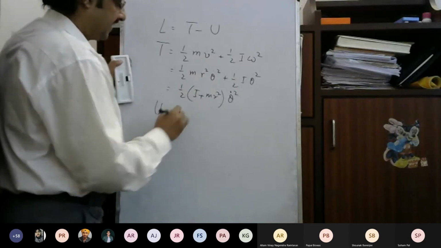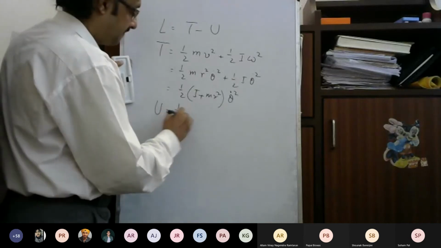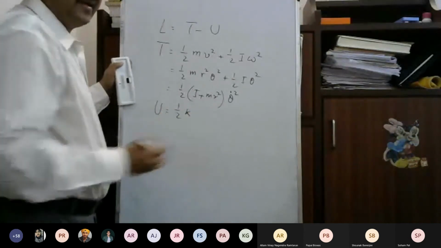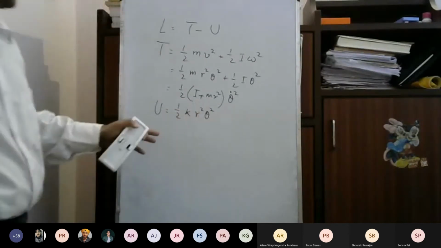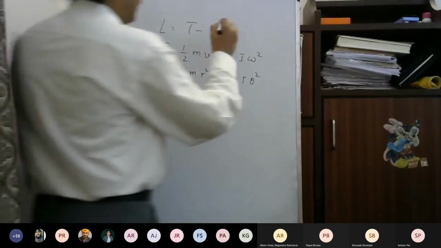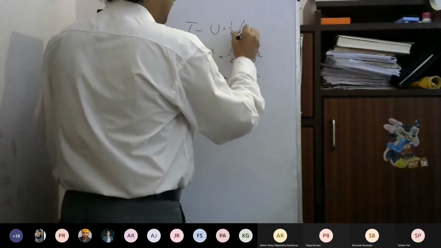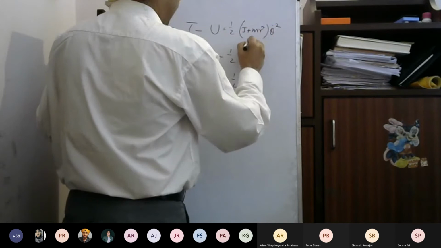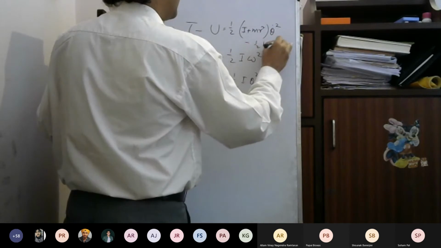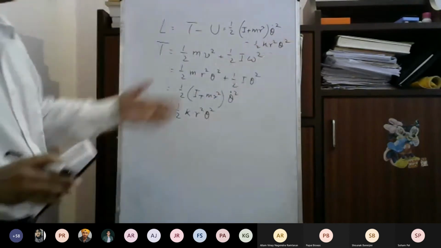Potential energy is half k x square, which is nothing but half k r square theta square. So the Lagrangian will be half (I plus mr square) theta dot square minus half k r square theta square.